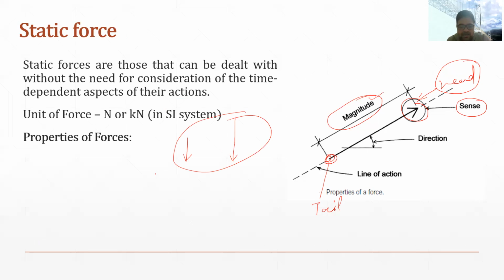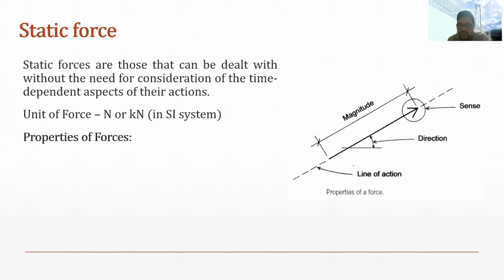Similarly, the line along which this arrow is going is called the line of action. This is again a very important point. Line of action, the line about which the force is acting, is also very important. Then there is another property of the force, which is the direction. This direction can be expressed in terms of the angle it makes from a reference line.